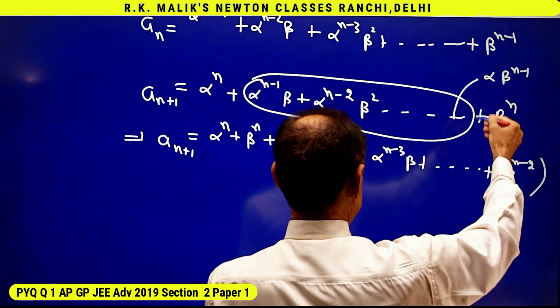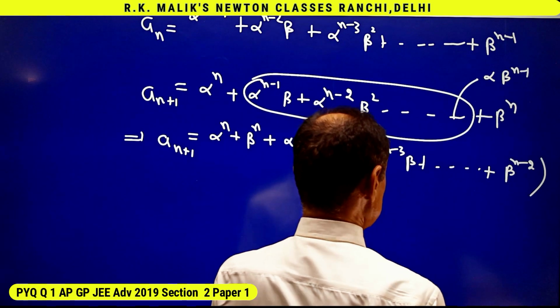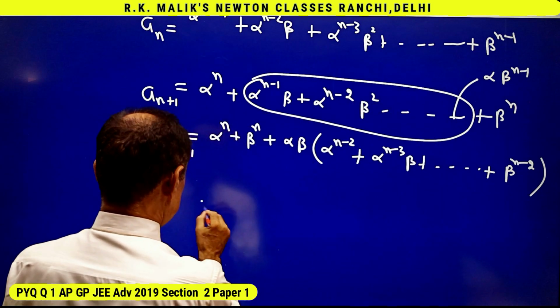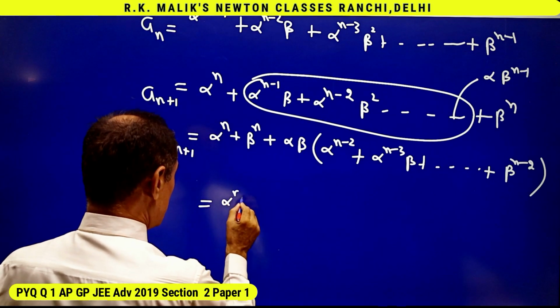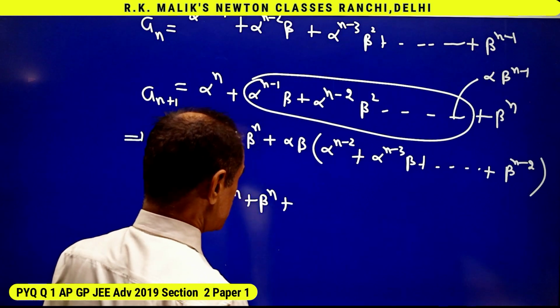Therefore, when I take alpha beta common from all these terms, I will be getting beta to the power n minus 2. And this is equal to alpha to the power n plus beta to the power n plus alpha beta times A(n−1).